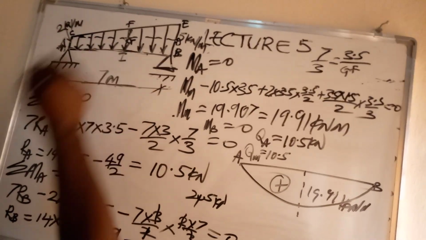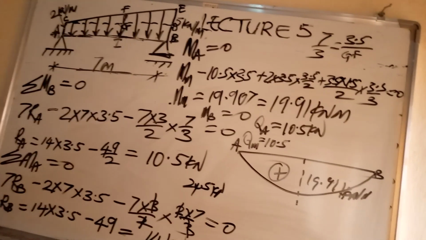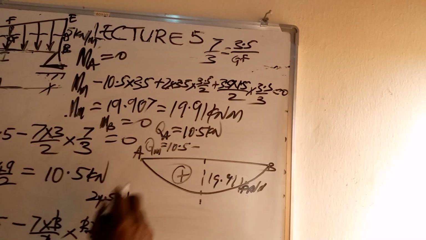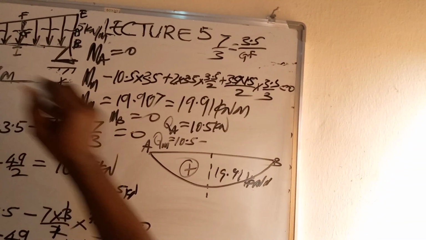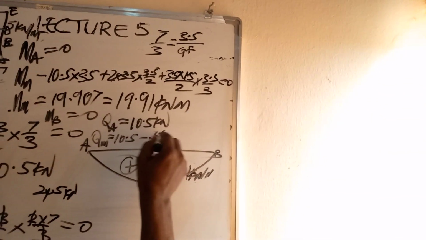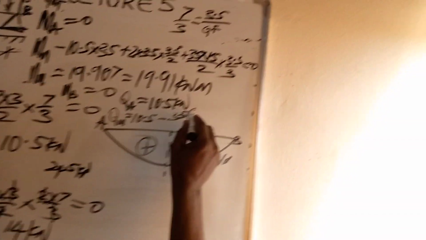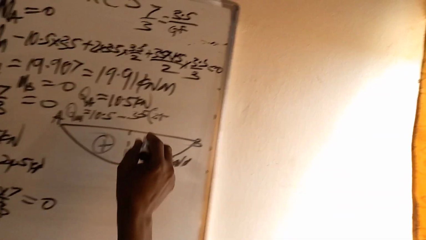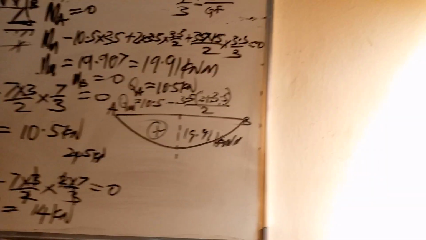Let's say this is I. Trapezium ACFI. The area is 3.5 times the bracket, this is 2 plus 1.5, all over 2. That's the area of this.